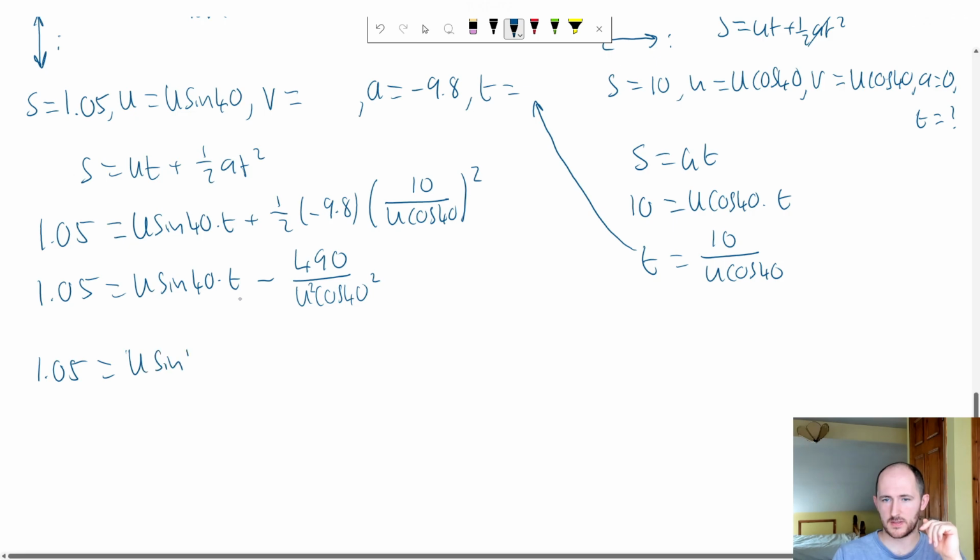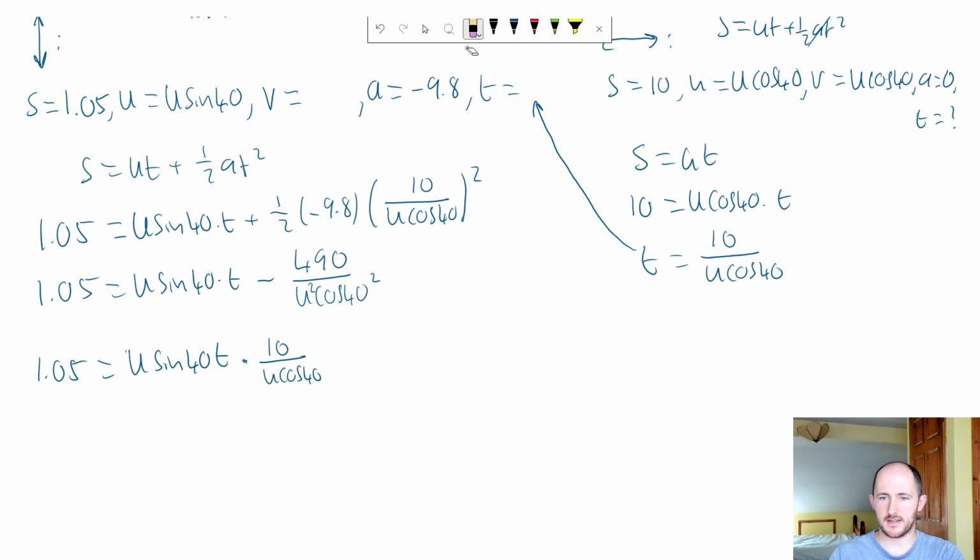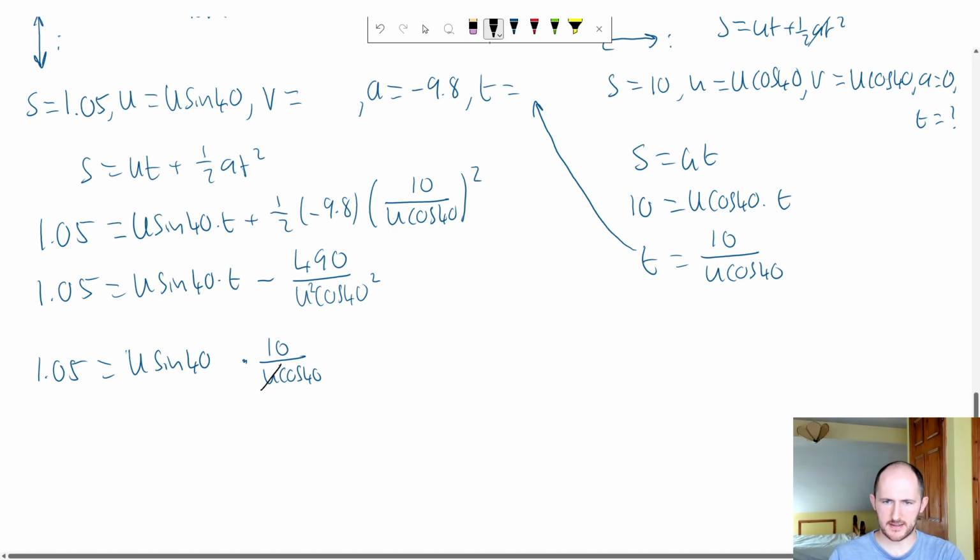u sine 40 t over, let's say, times 10 over u cos 40. Why did I put the t there again? The reason this makes my life easier is the u's cancel out.